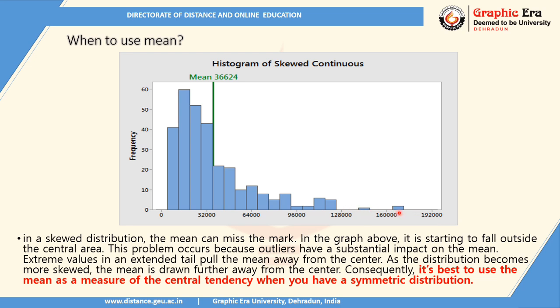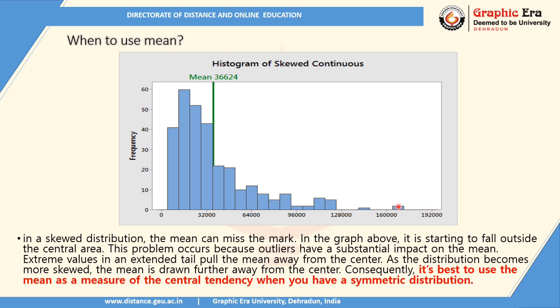So what will happen? This mean will be shifted from the center toward the extreme values. As the distribution becomes more skewed, the mean is drawn further away from the center.